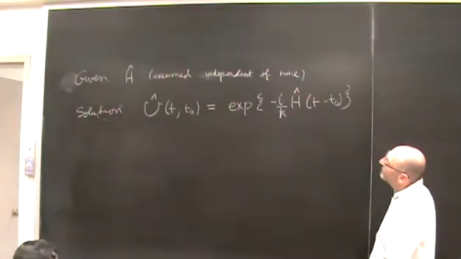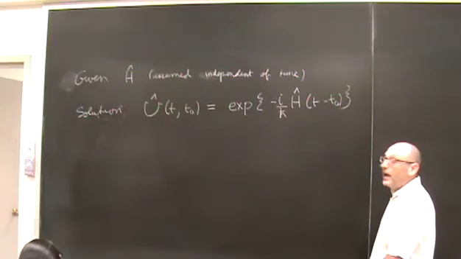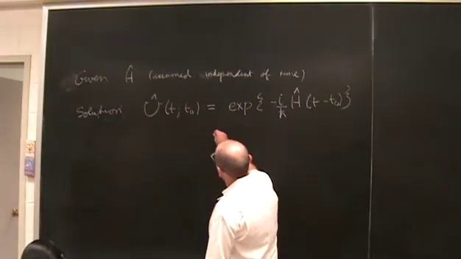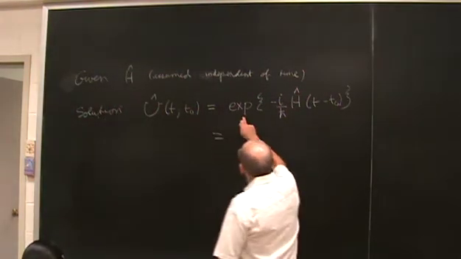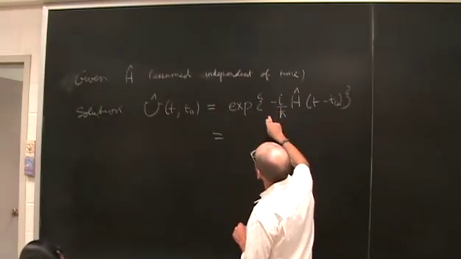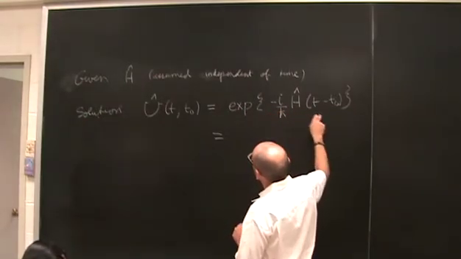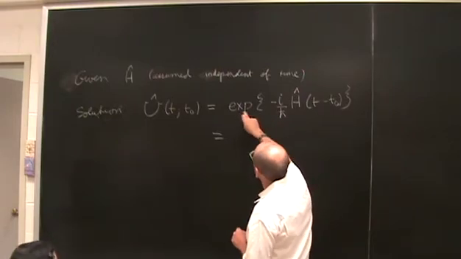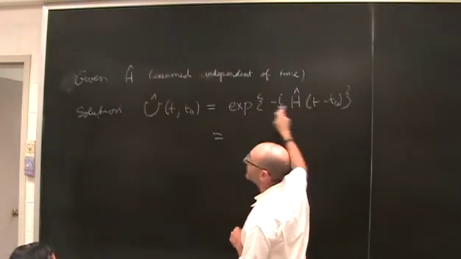How do we know that's a solution? Well, we could check. One way to check that is to think about this the way we discussed in the homework, where we looked at functions of an operator.